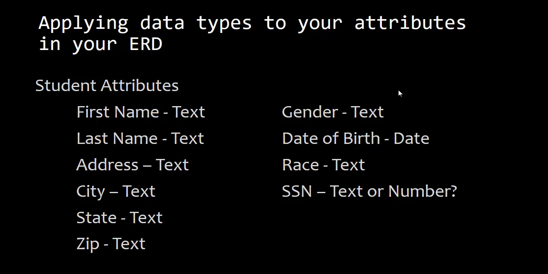In this case, we talk about text. Now, what's a text? A text will be an alphanumeric character. Let's break that apart a little bit. Alphanumeric: it can be either alphabetic or numeric, but it's going to be a data type in which we're not going to do any calculations against. If we're going to do calculations against it, it should be a number, okay? That's how I always differentiate it. If I'm ever going to do any kind of calculations with any of my stored data, it should be a number of some sort.